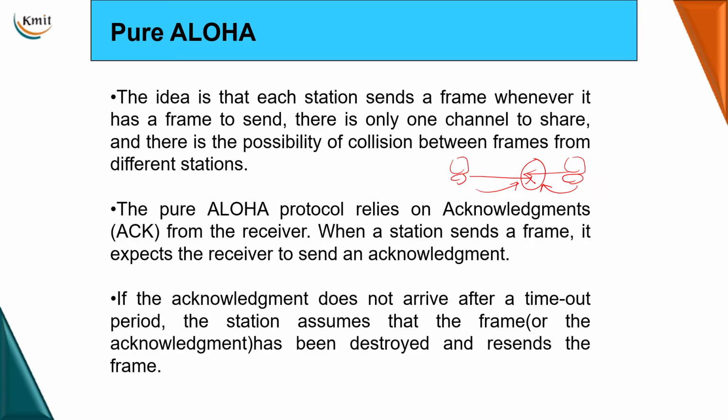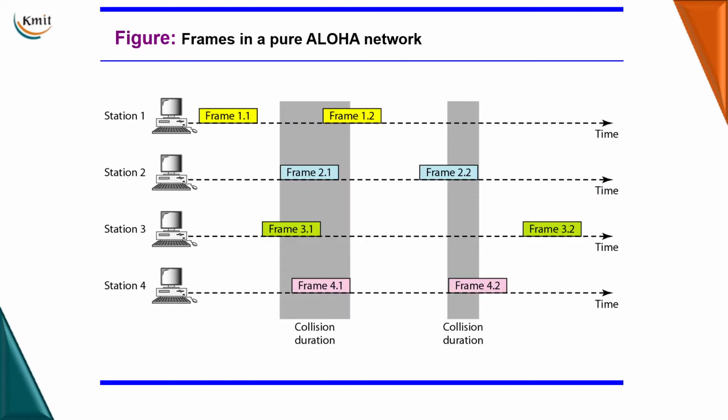So the idea of pure Aloha is to avoid this. Have a look here. Now you see station 1 has sent its first frame. You can see no other station has sent its frame during this particular time, so no collision takes place. But the second frame of station 1 is being sent almost during the same time as station 2.